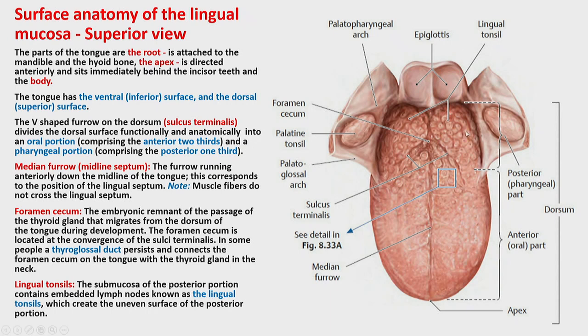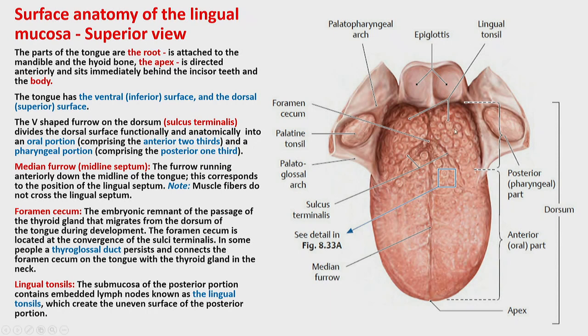You have a similar tonsil, although the shape is different, at the root of the tongue in the posterior, pharyngeal part of the dorsum of the tongue, and it is lymphoid tissue. So it's the first defense mechanism when you are eating food and with this food you have some bacteria or some foreign body.